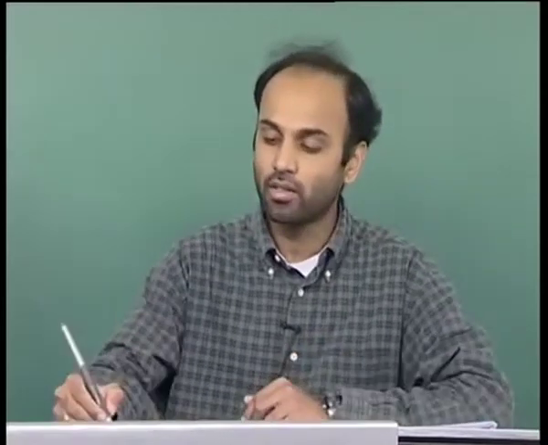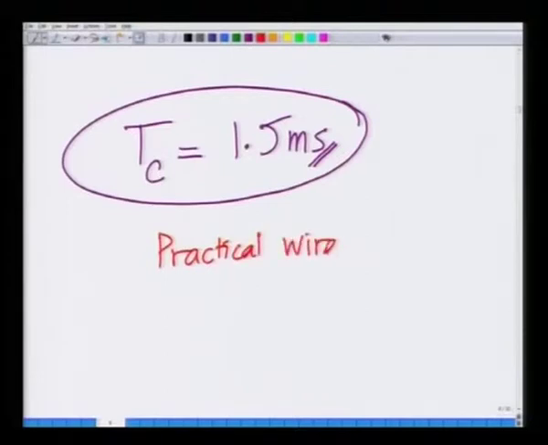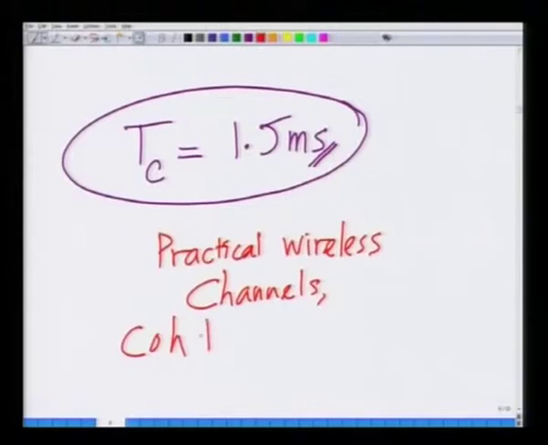So, let me write down that property also here. In real or practical wireless channels, coherence time Tc is approximately of the order of milliseconds.